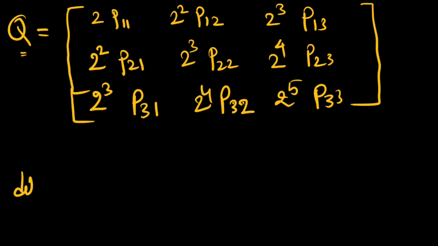So we have the matrix Q, and the determinant of Q is that matrix represented with the determinant sign.